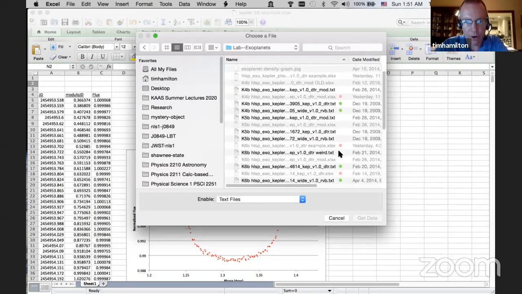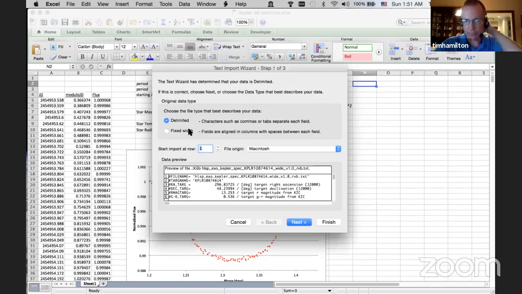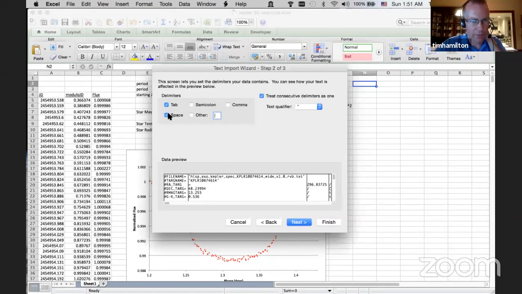And it ends in RVB for radial velocity something. Okay, this was Kepler 6b. Yes, don't want to get the wrong planet. Delimited, yes, again in Topcat it won't matter.